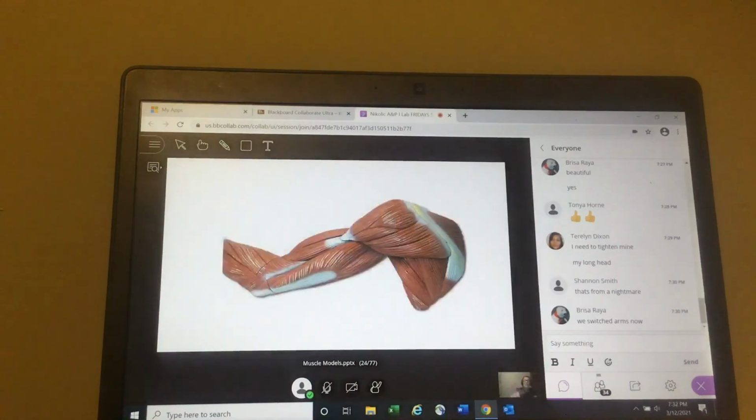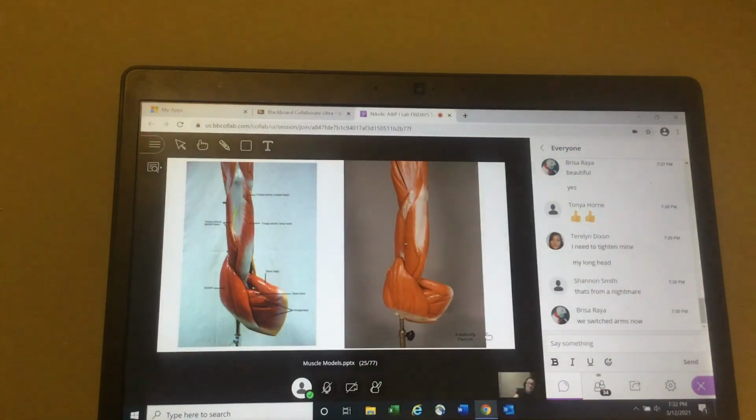But don't freak out, right? If you need to, take a screenshot of this. Go through this and then flip it and say to yourself, I know where I am. That's my deltoid, massive. I know most of the deltoid is going to be on the back. And then I've got my teres major.